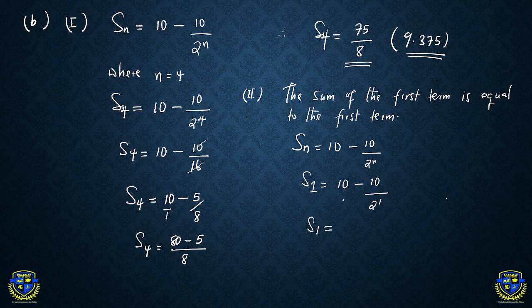So 10 minus 10 divided by 2, the answer is 5, and 10 minus 5, we're going to get a 5 there. So therefore we can say that the sum of the first term is equal to the first term itself, which happens to be a 5 in this case.